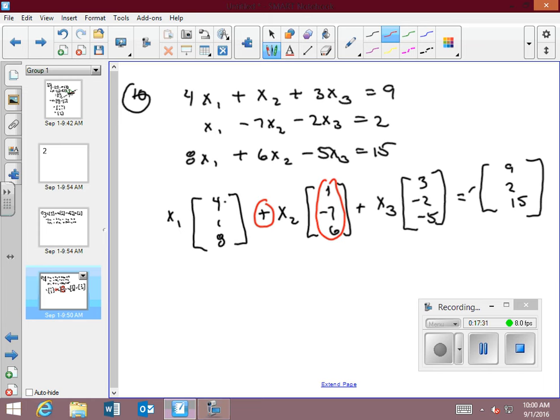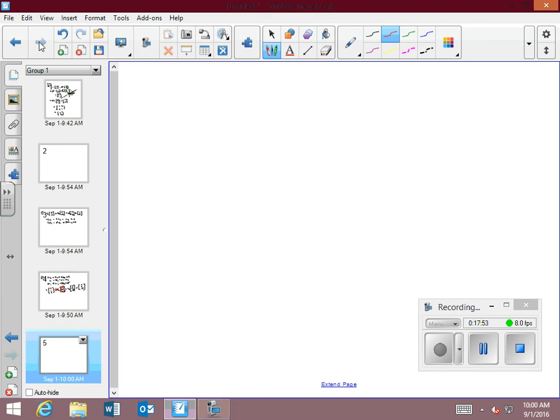So what it's doing is those vectors, we're just checking to see what the weights are for those vectors, so that b is in the span of those vectors. So we have a1.